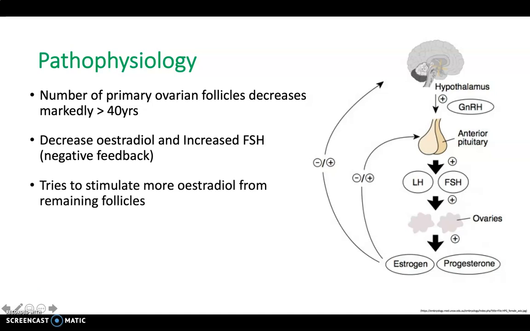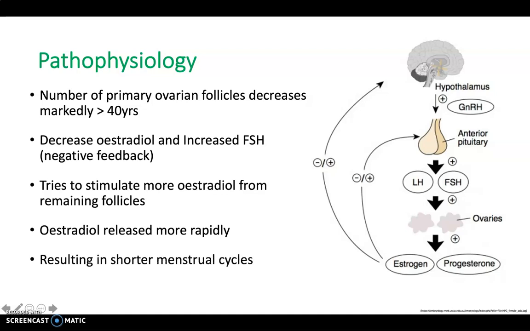We try to stimulate more estradiol from the remaining follicles, and estradiol is released more rapidly, therefore resulting in shorter menstrual cycles. And this continues until the depletion of the primary ovarian follicles.